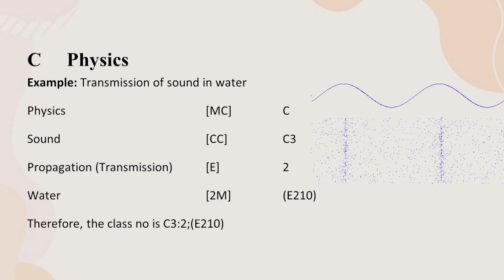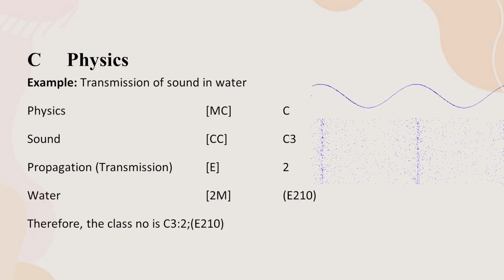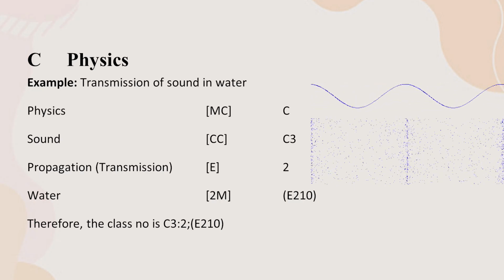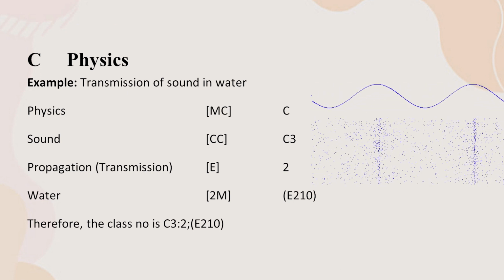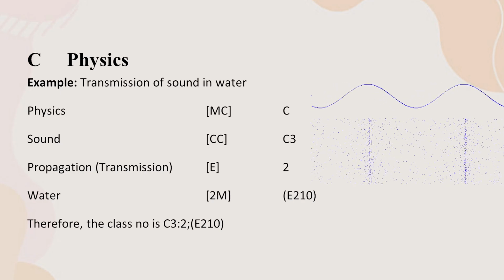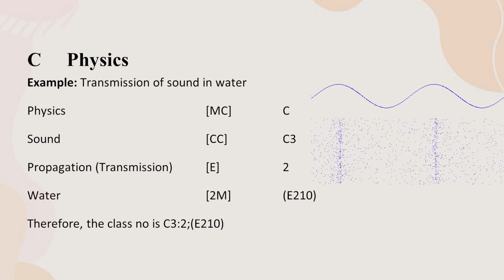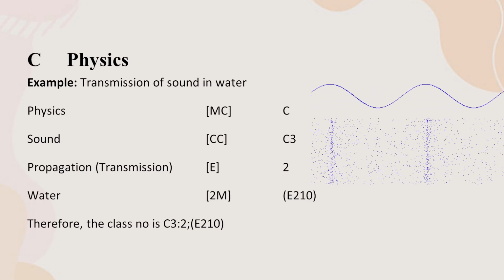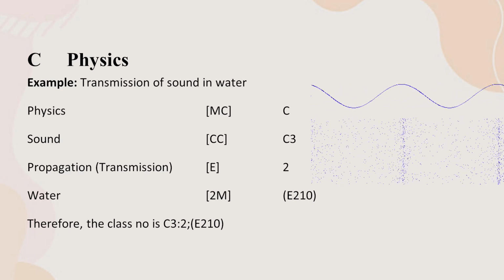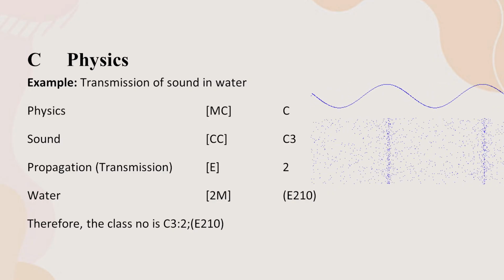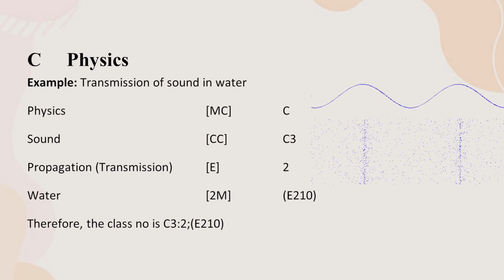Next, another example is presented here, such as transmission of sound in water. Here we get sound in the canonical class of the basic class physics. Then propagation we get from the energy facet, and water in the second round matter facet, and the notation is devised using the subject device for water, that comes from the basic class chemistry, main class E chemistry.